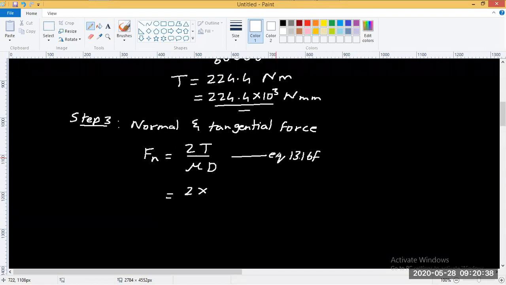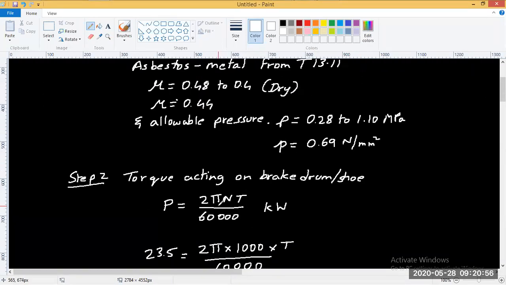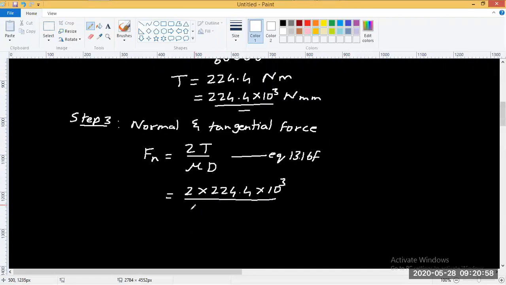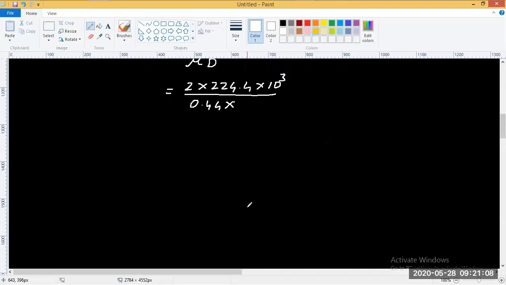Substitute here along with the other values: 2 into 224.4 into 10 power 3 over mu. We just found it in the previous step 1. Mu is 0.44 into d. D is the diameter given in the question, 720 mm.